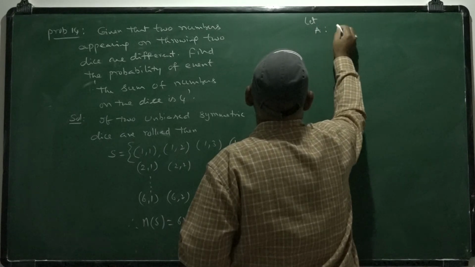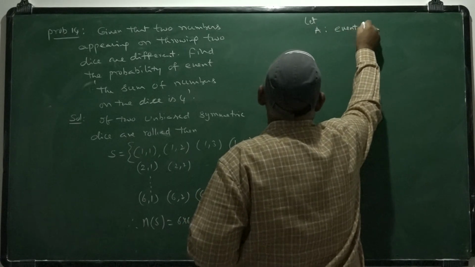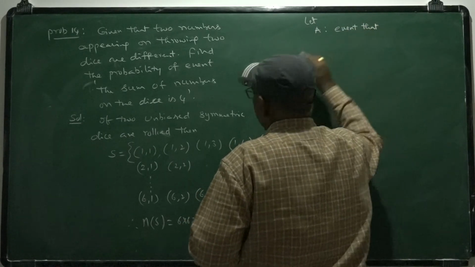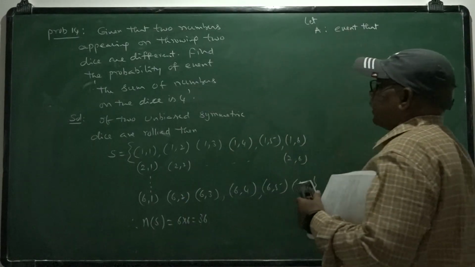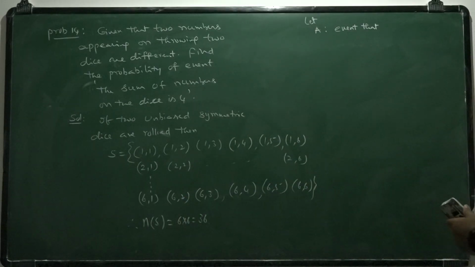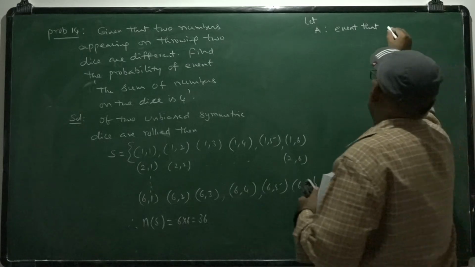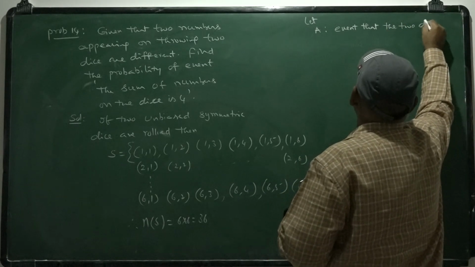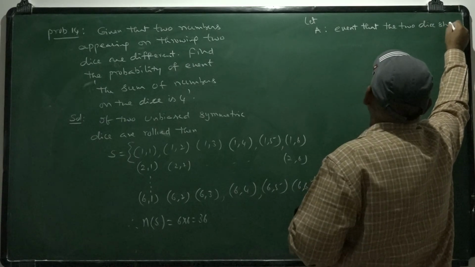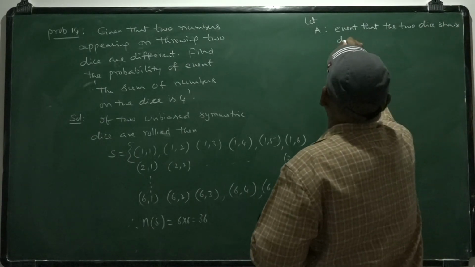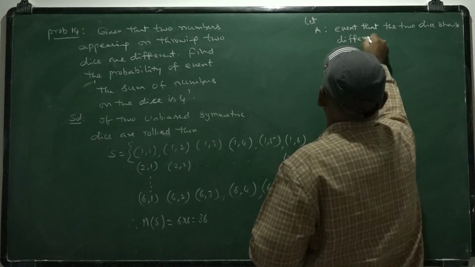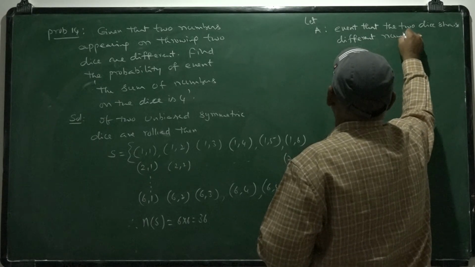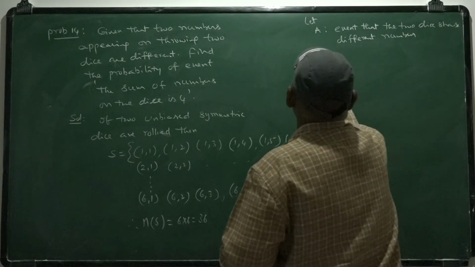Now let A stand for the event that the two dice show different numbers. Event means a subset of S. That is one event.